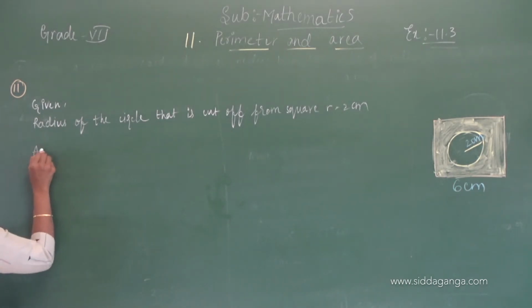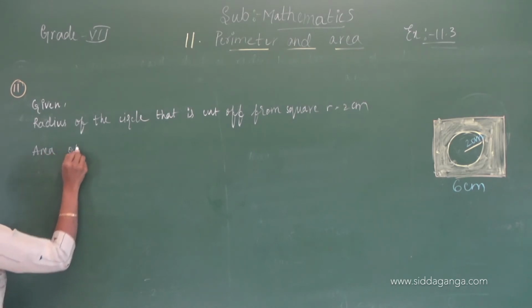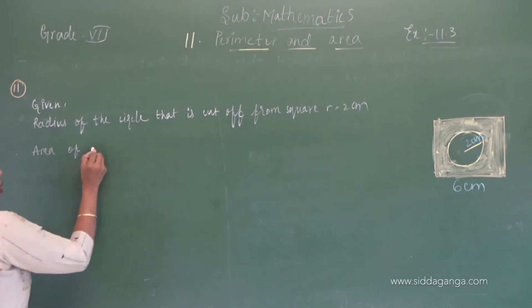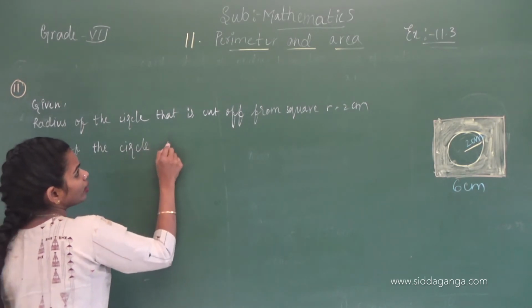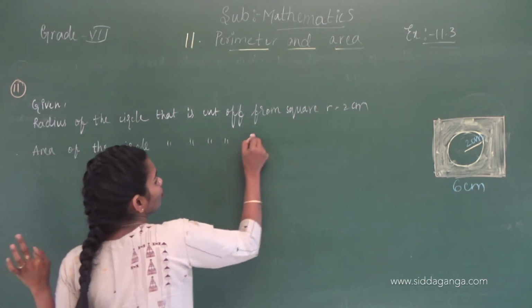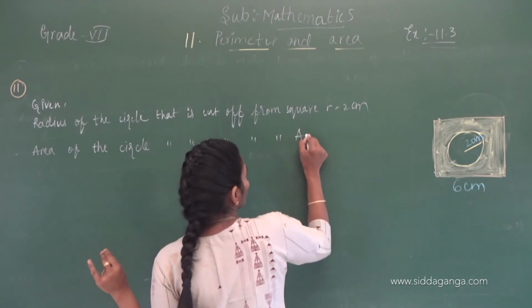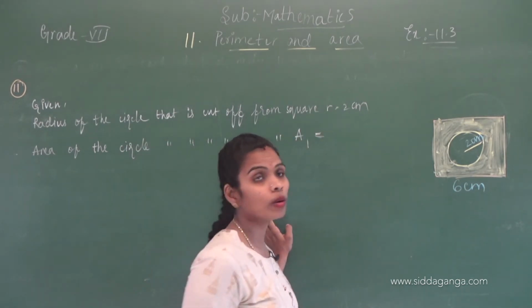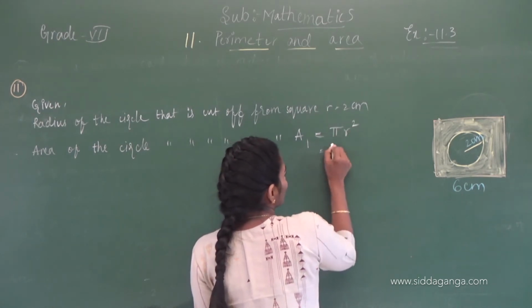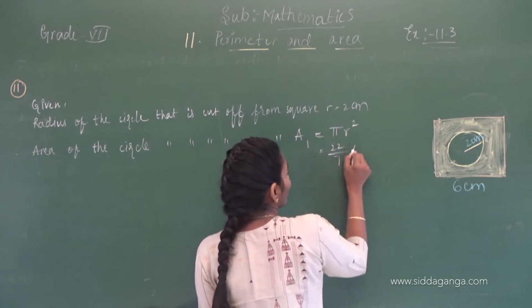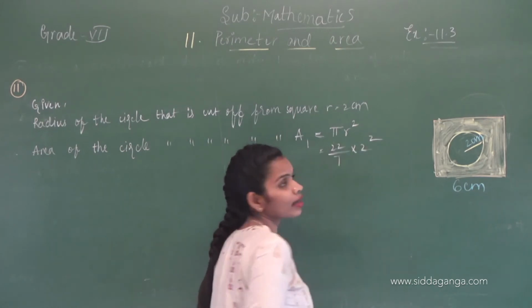We can find the area of the circle. Therefore, area of the circle that is cut off from the square, A1 equals pi r square. Pi is 22/7, or 3.14, into 2 square. Correct?